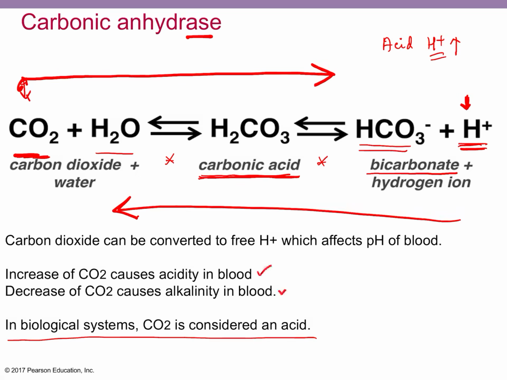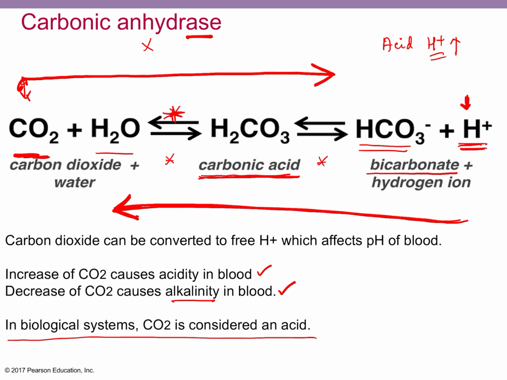So an increase of CO2 can cause acidity in the blood, but a decrease of CO2 can cause alkalinity of the blood. If you're low on CO2, it's going to drive the equation the opposite way. That's going to deplete your free hydrogen ions, and it's going to raise your pH, which causes an alkaline pH. Okay, so the carbonic anhydrase is going to catalyze the conversion of CO2 and water to carbonic acid.